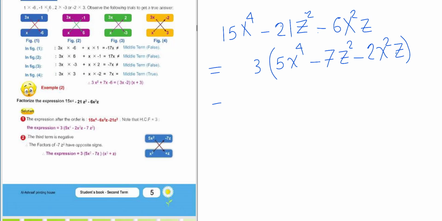Factorize. After that, arrange the expression. It becomes 5x⁴ − 2x²z − 7z².